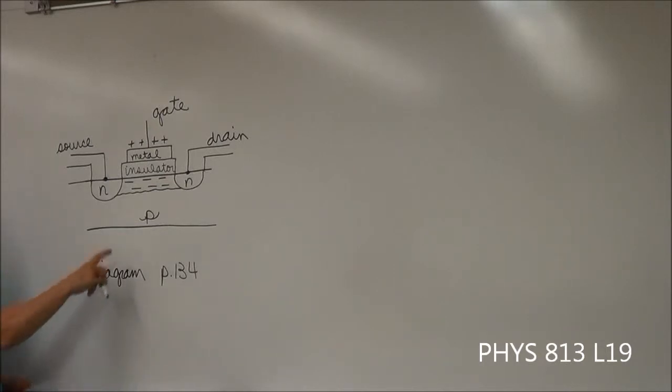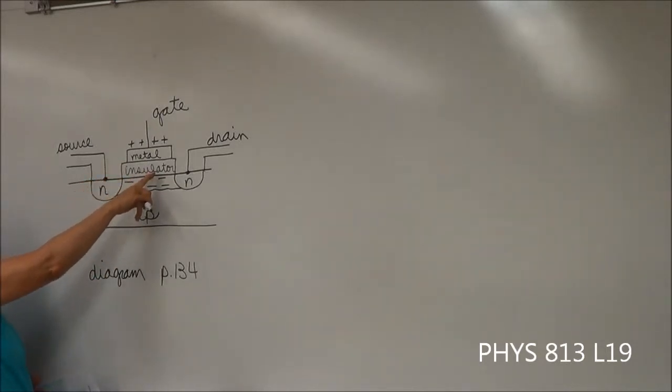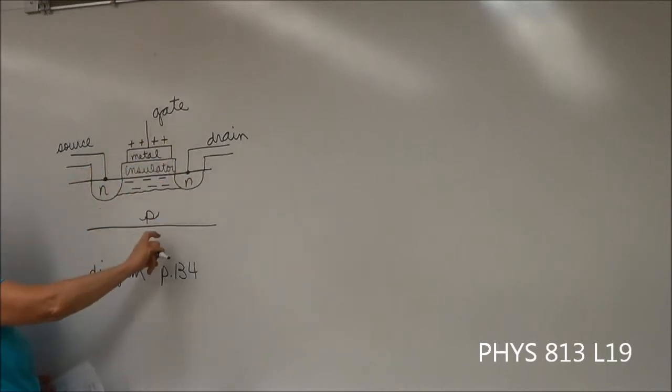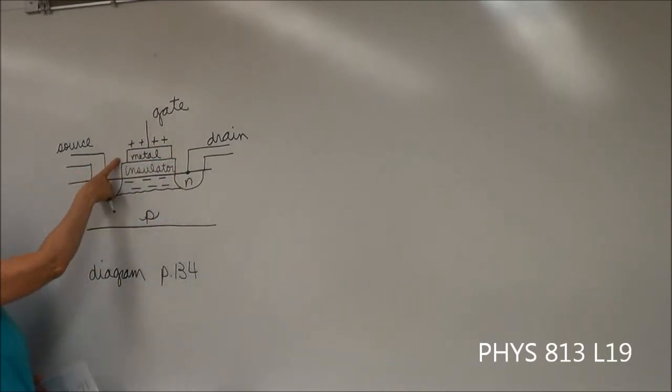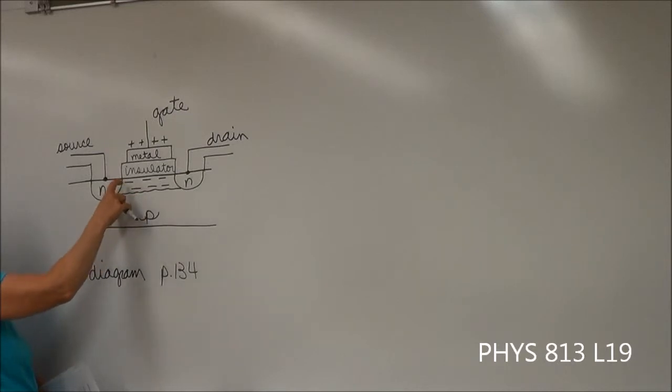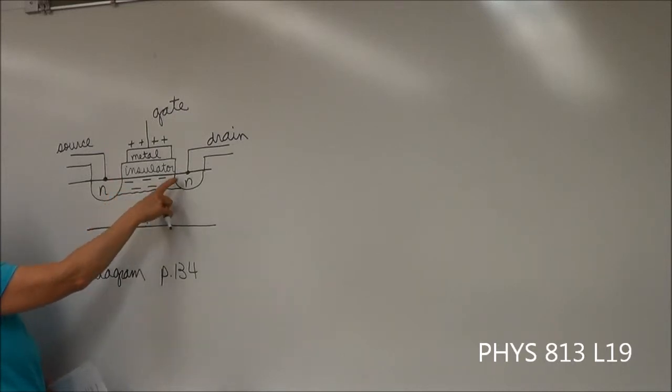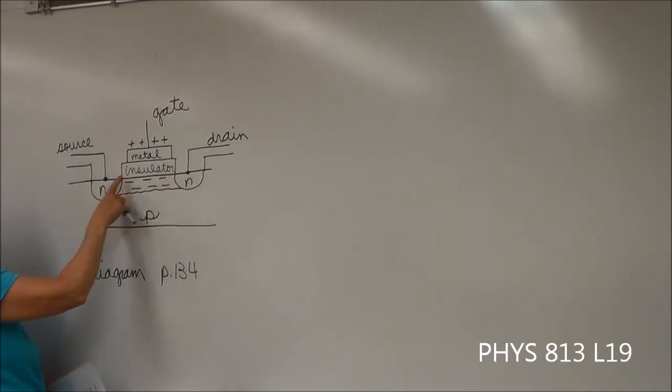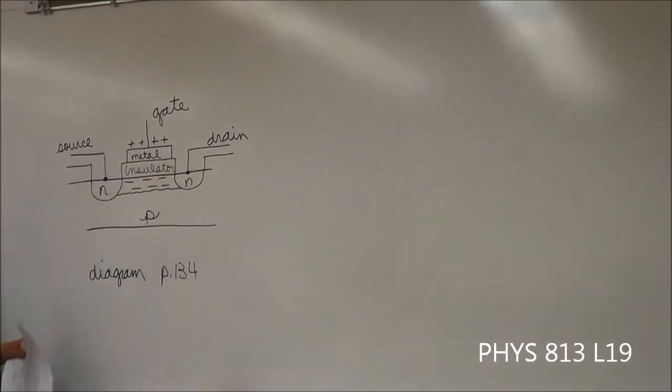And the basic idea is you have an insulator here, a metal here, you apply a potential difference, the metal becomes net positively charged because electrons left. That will attract electrons from this material into this region, and then the two N-type regions along with this channel here become conducting. And so then you can have current.